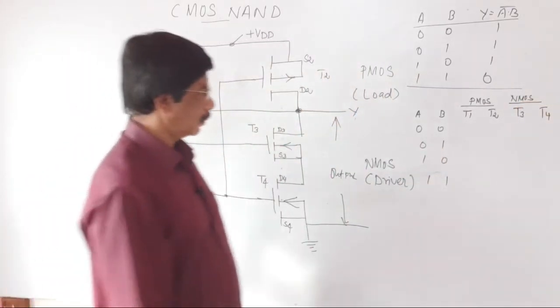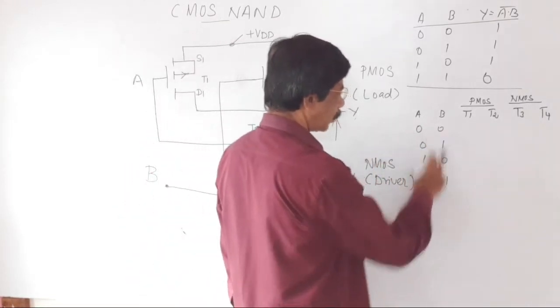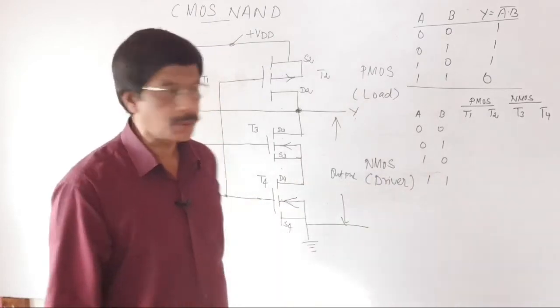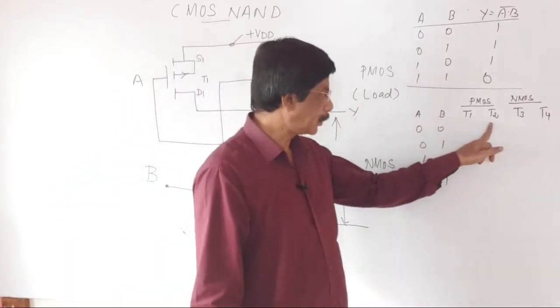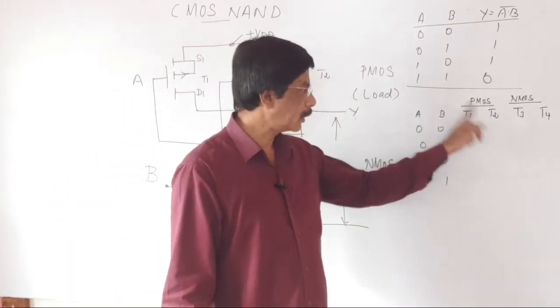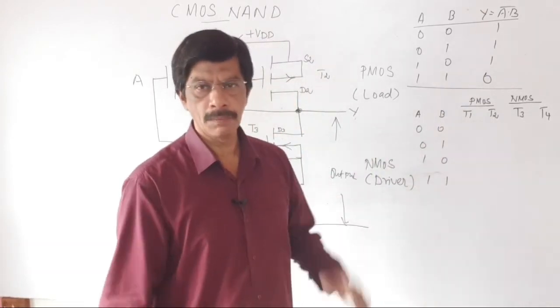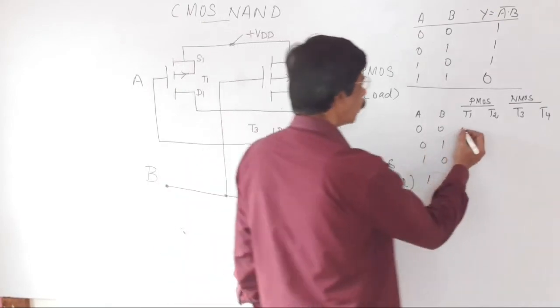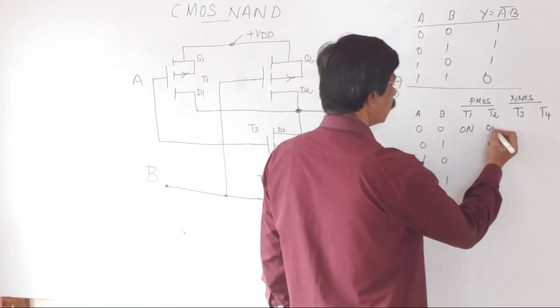Now A is equal to 0, B is equal to 0. T1 and T2 are both PMOS transistors. When the input to a PMOS transistor is 0, it is switched on. So T1 is on, T2 is also on.